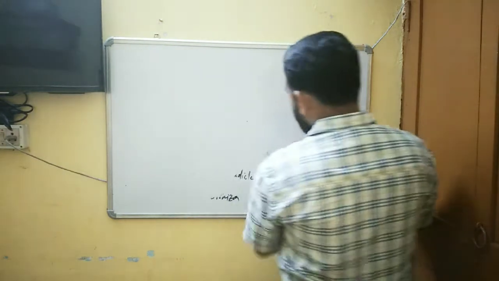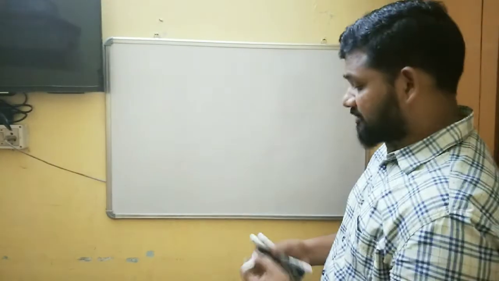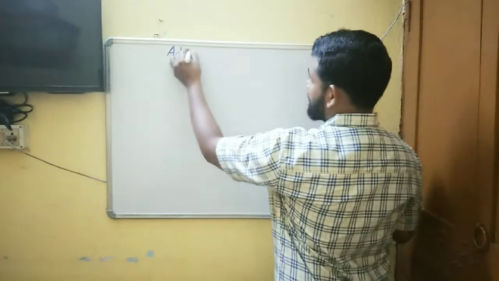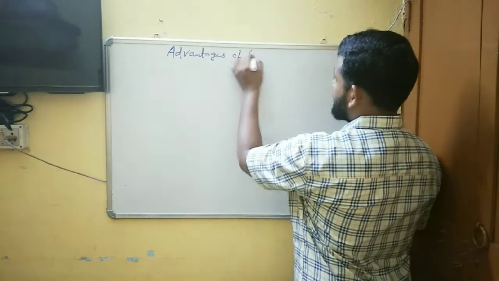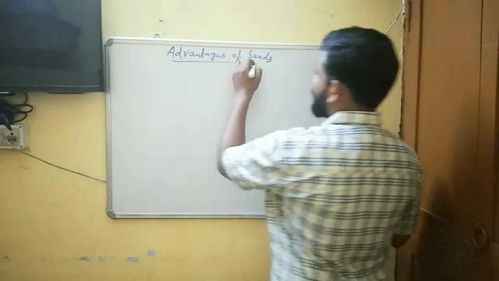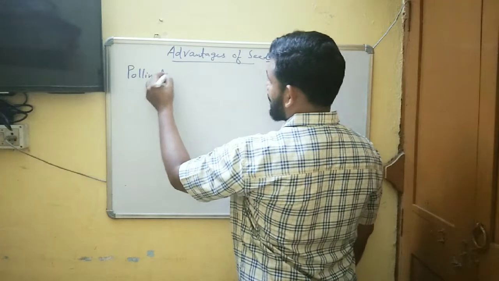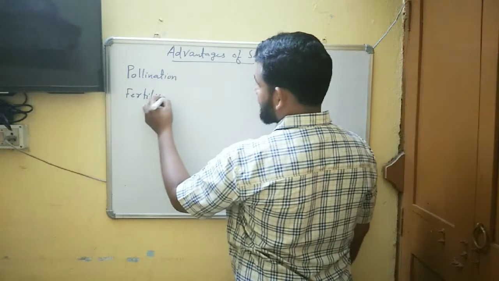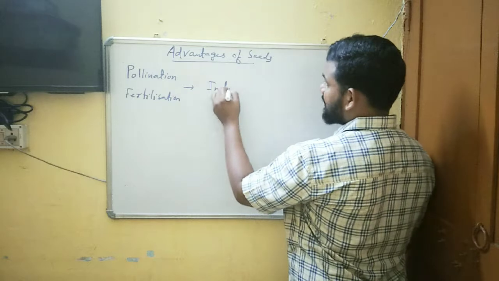Formation of seed is a characteristic feature of both angiosperms and gymnosperms. Here, what are the advantages? Advantages of seeds. If seeds are present, then some post-fertilization events like pollination and fertilization, these two events, they are independent of water.